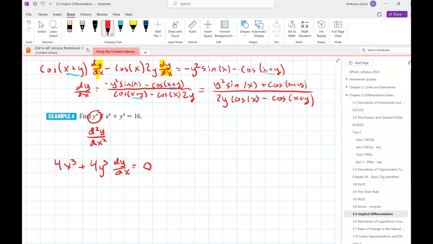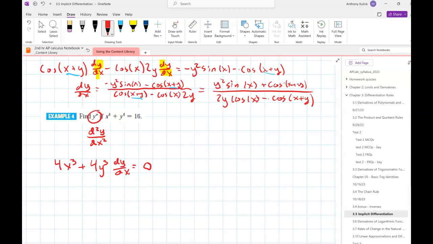Wait, so just for now, we're just doing the first derivative? You can't go straight to the second. Okay. Now we have some options here. I can get the dy dx by itself and then differentiate both sides. What are you going to notice we'd have to do if we did that, though?